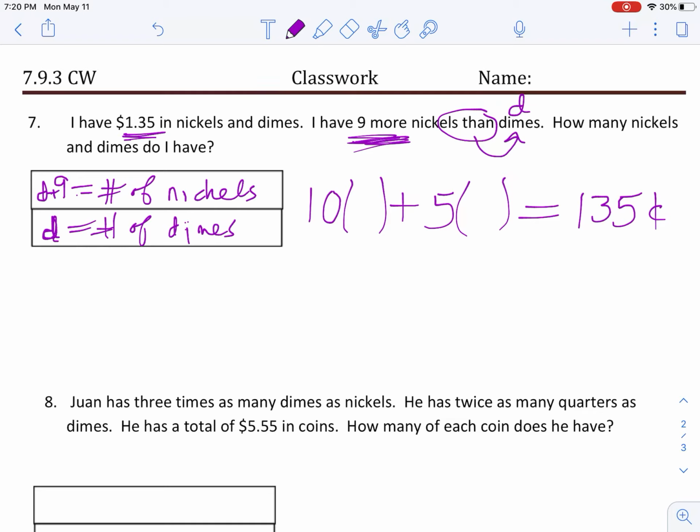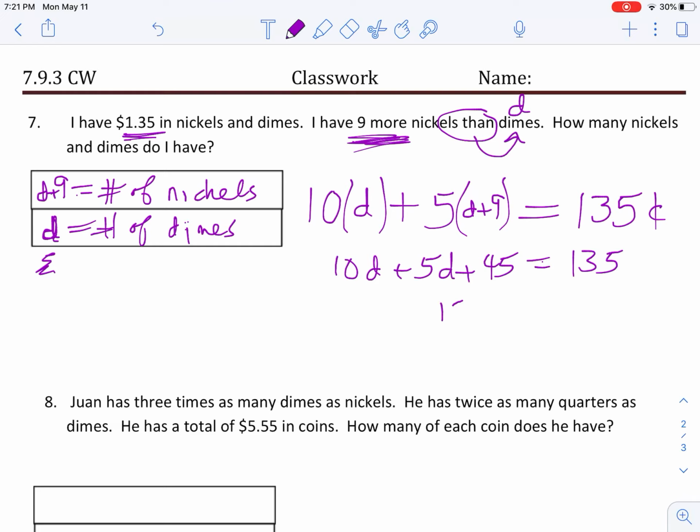All right, so how many dimes do I have? I have d dimes, so 10d. And how many nickels do I have? I have d plus 9.